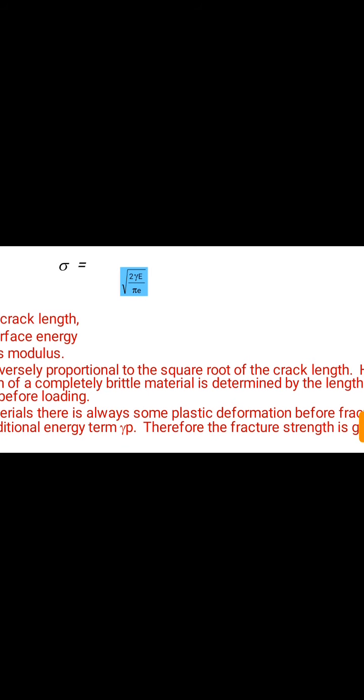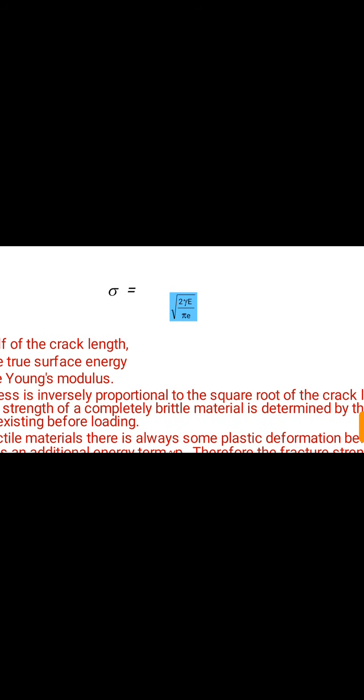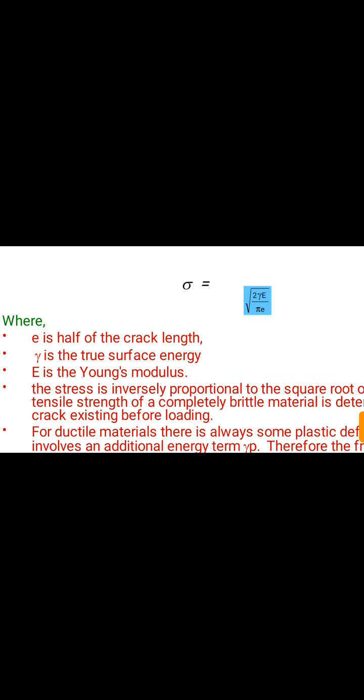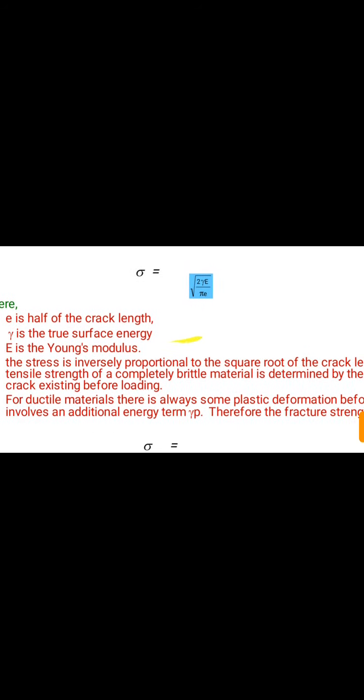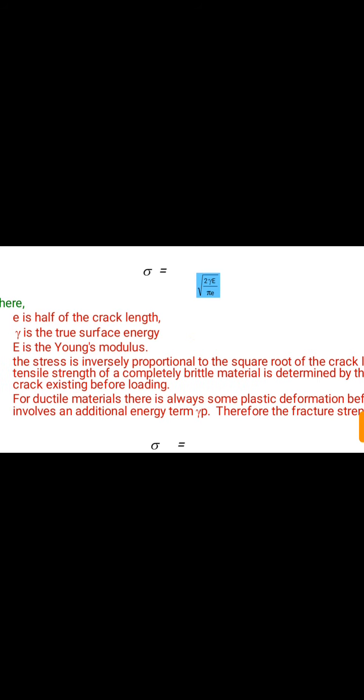If you look at the formula, the tensile strength, that is the stress, is equal to 2 times gamma times E over pi times a, under a square root. What does gamma mean? Gamma is the true surface energy, and E is the Young's modulus. The symbol a is half of the crack length, that is, initially how long the crack is.